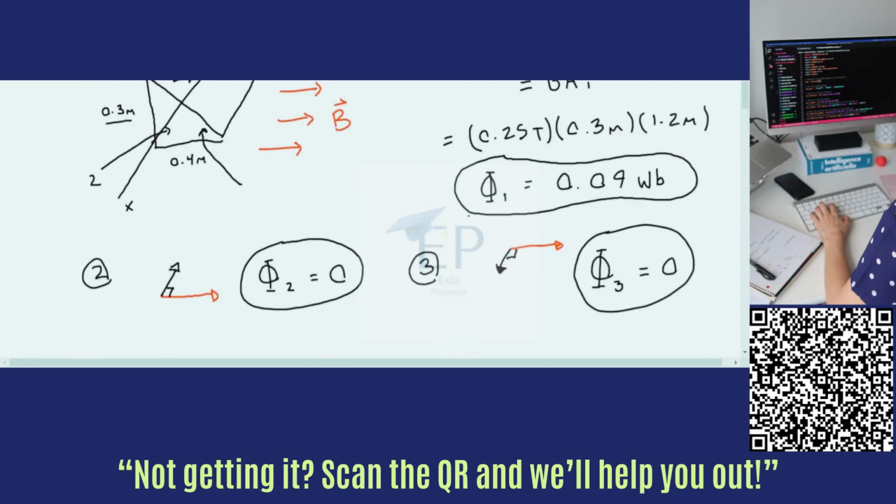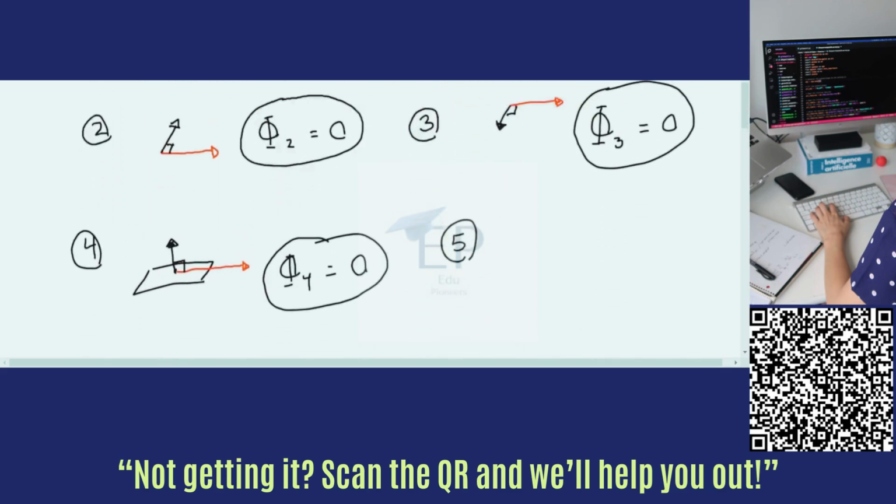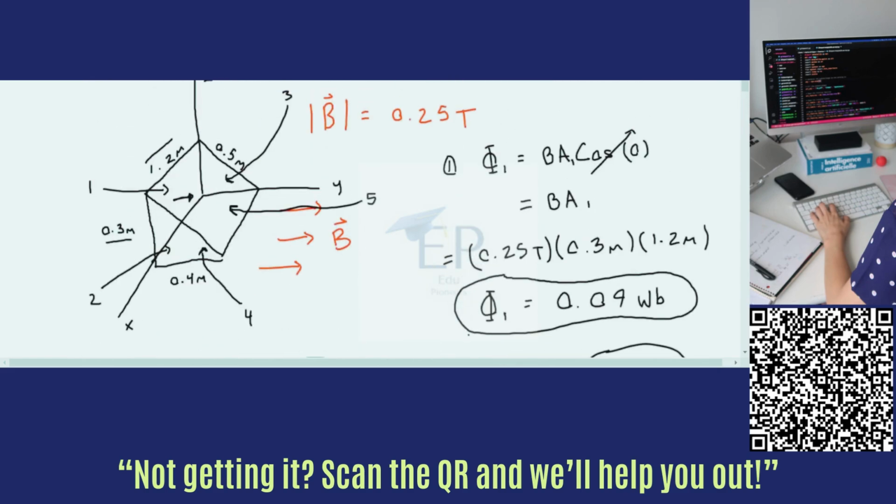Now for the most complicated one. So surface 5 will be the slanted surface out here. So this surface we can see is going to have at least some portion of it parallel to the magnetic field, right?